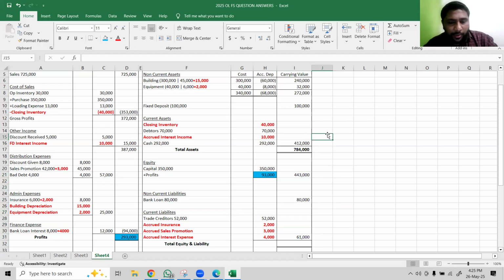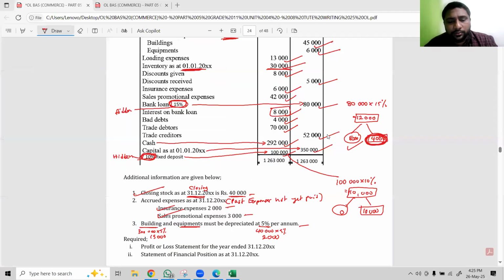Okay. So we will do a small change for this question. Change the cash amount to 192,000. Do that change in the trial balance, Lamai.